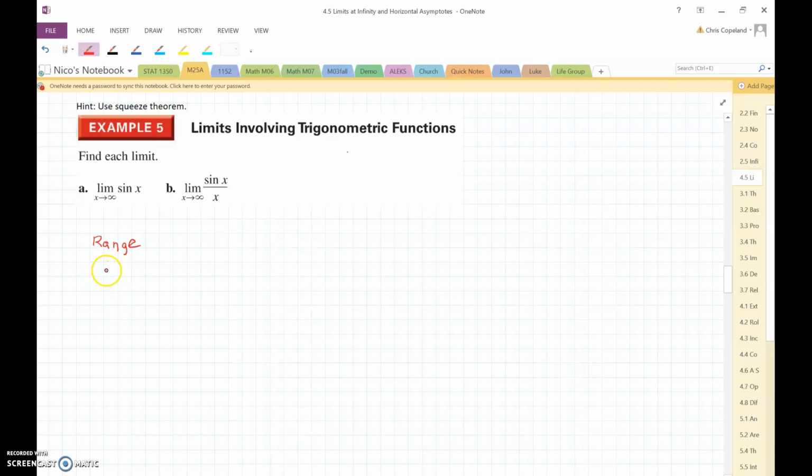Okay, so the range of sine x is going to be between -1 and 1. Okay, so we can use the squeeze theorem here. Okay, we're going to do this.